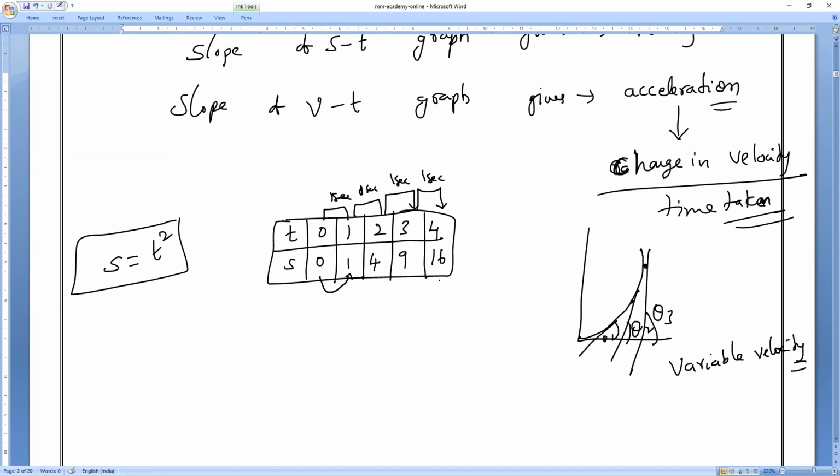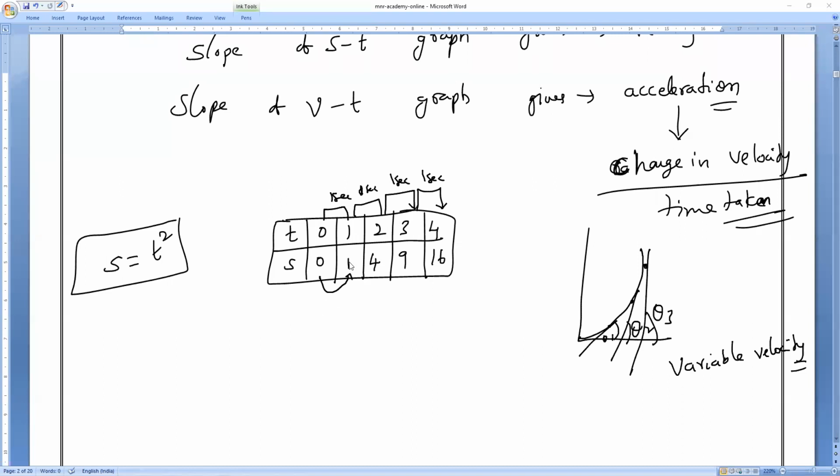So what is constant speed? In equal intervals of time, equal displacement is covered. What do you mean by non-uniform motion? Unequal distances in equal intervals of time. Yes or no? Now, time is equal interval.